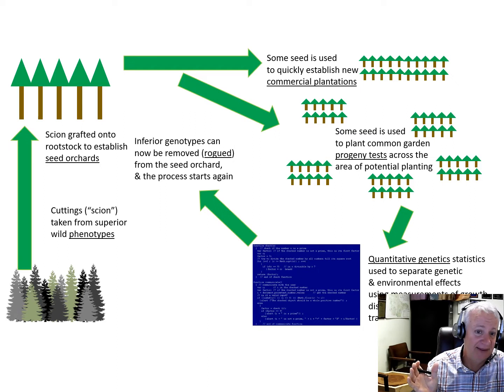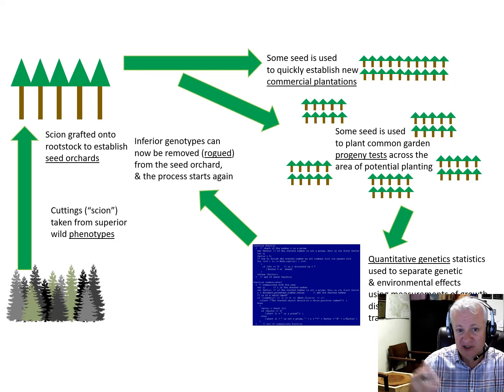It's likely then that parent D and E, while they were phenotypically superior in the woods when we selected them, most of that phenotypic superiority was due to environment. But those progeny tests and the quantitative genetic analysis allowed us to tell that they were not genetically superior.